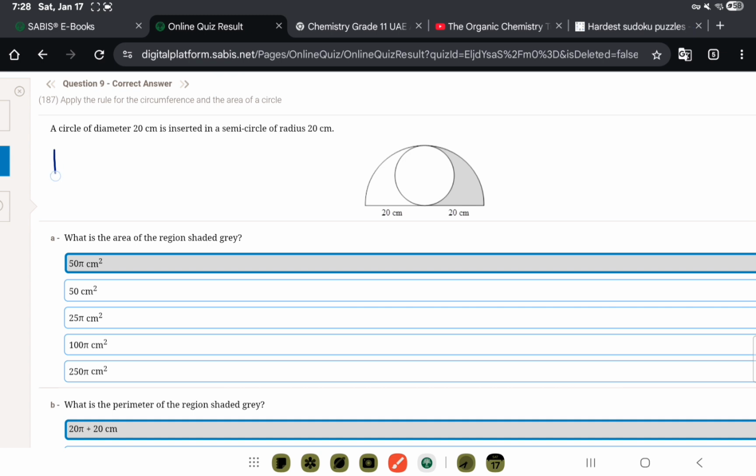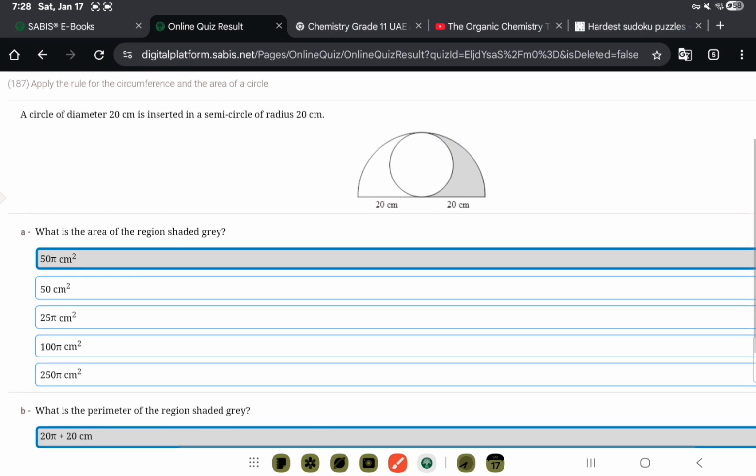So we got 10 pi. Now we need to add, because the perimeter is all about adding. So we need to find the perimeter of this. Here it's 10. So it's going to be 1/2, because we're only wanting this semicircle, times 2 pi r, because it's perimeter.